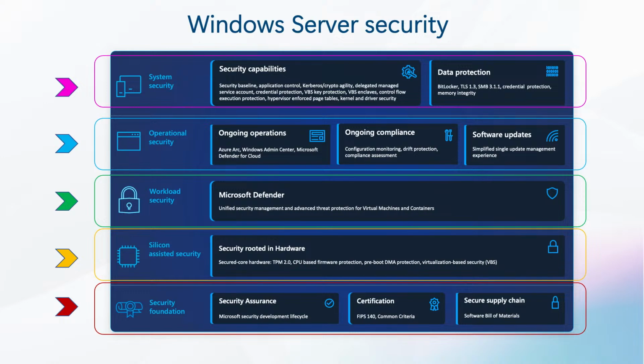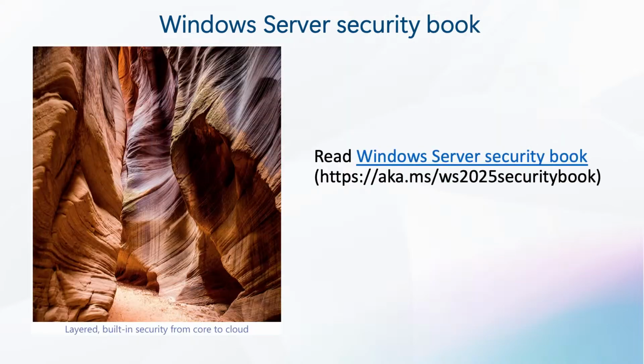We will certify Windows Server 2025 for both FIPS and Common Criteria. You can read more about the various security capabilities in Windows Server 2025 in the Windows Server Security book. You see the link on the screen, and also the Windows Server Security book is part of the public documentation for Windows Server. Next, Dona is going to talk to us about security baselines.